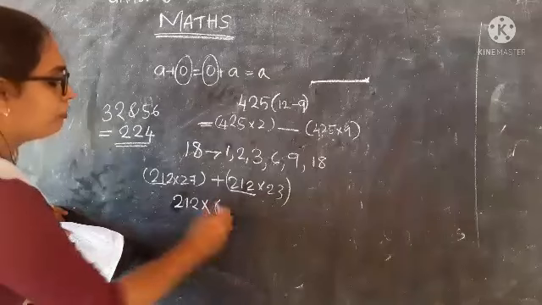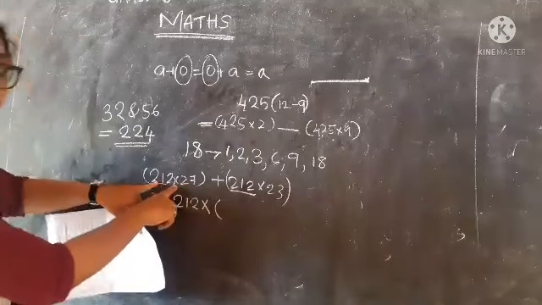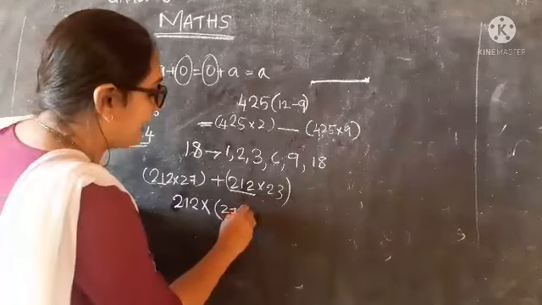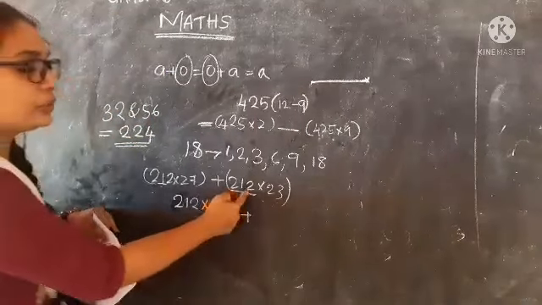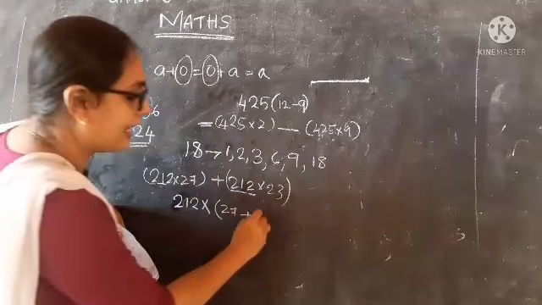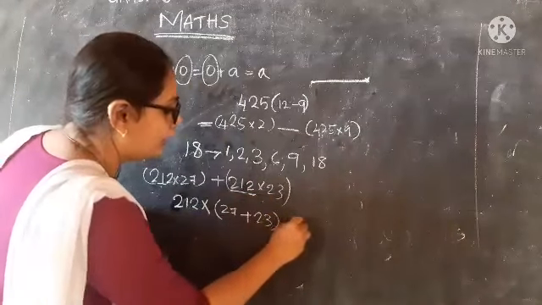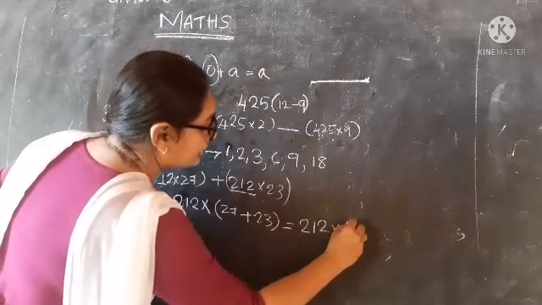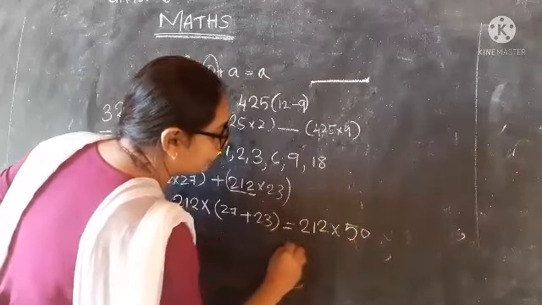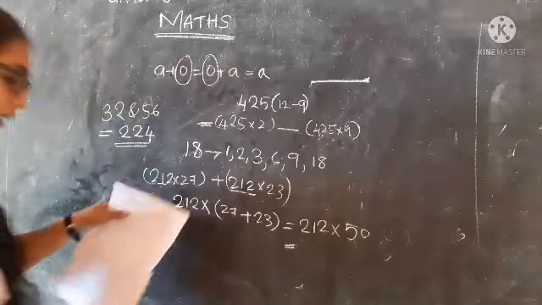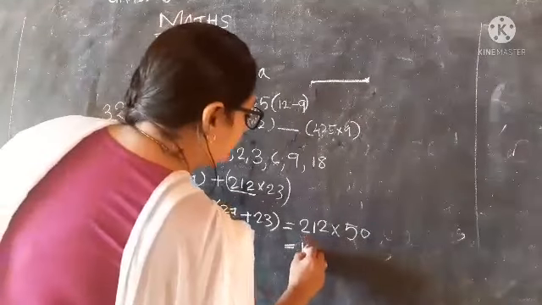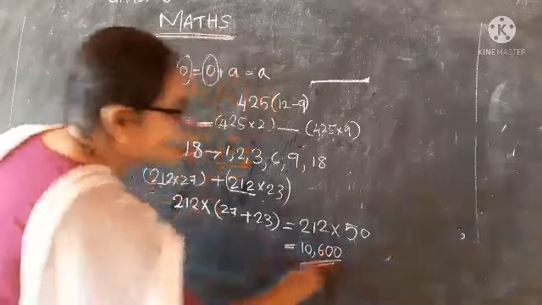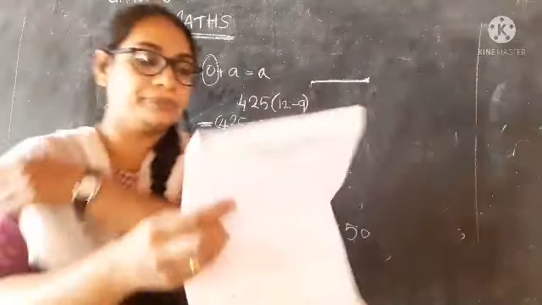When we take 212 from here, what is the balance? 27 plus 23. So this can be written as 212 into 50, which is 10,600. That is the answer. Okay.